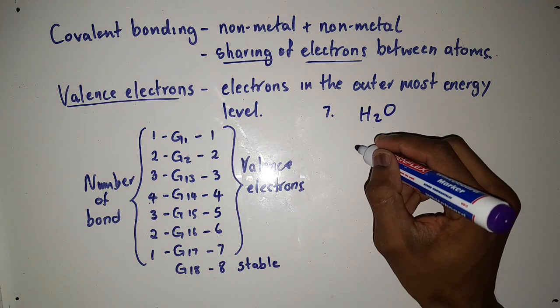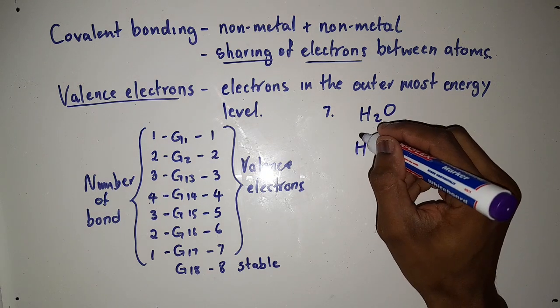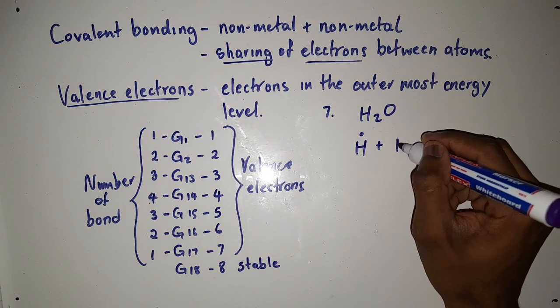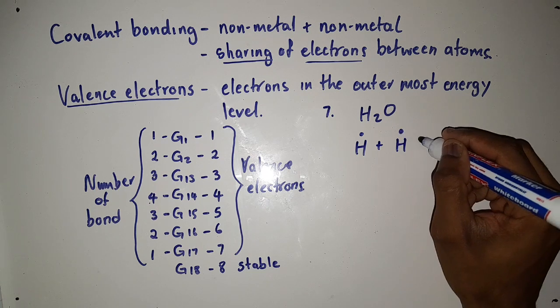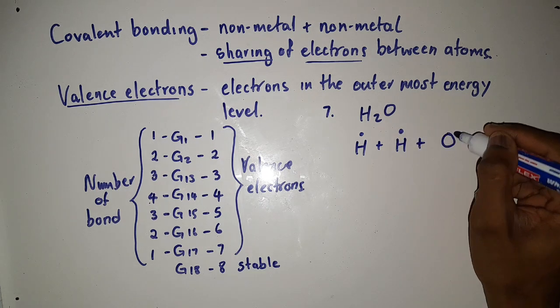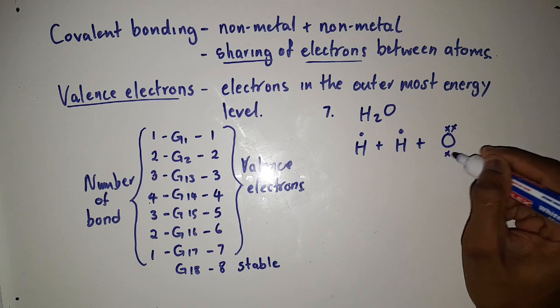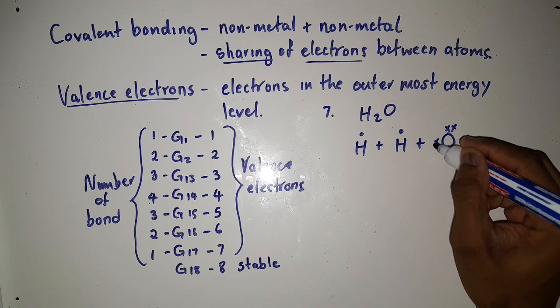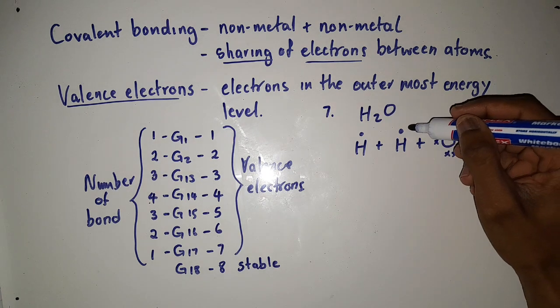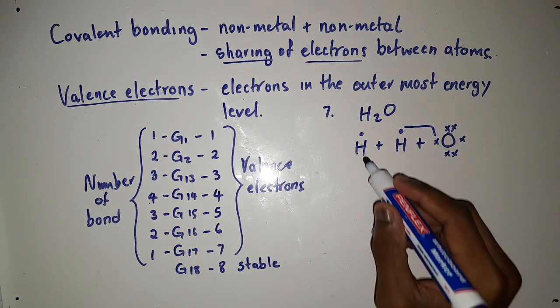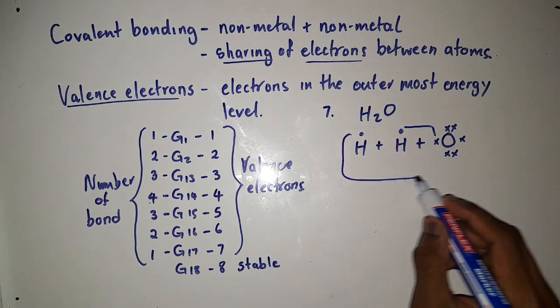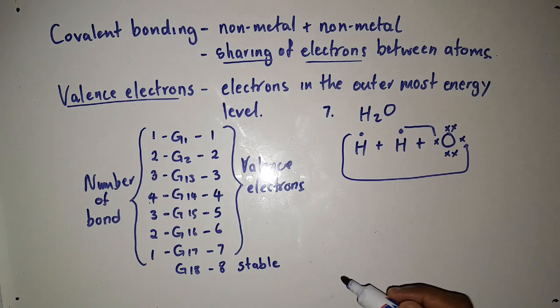By now we know that H is going to have 1 valence electron plus another H, 1 valence electron, oxygen 6, like this. Then one of these pairs with this one, then this one is going to pair with this one.